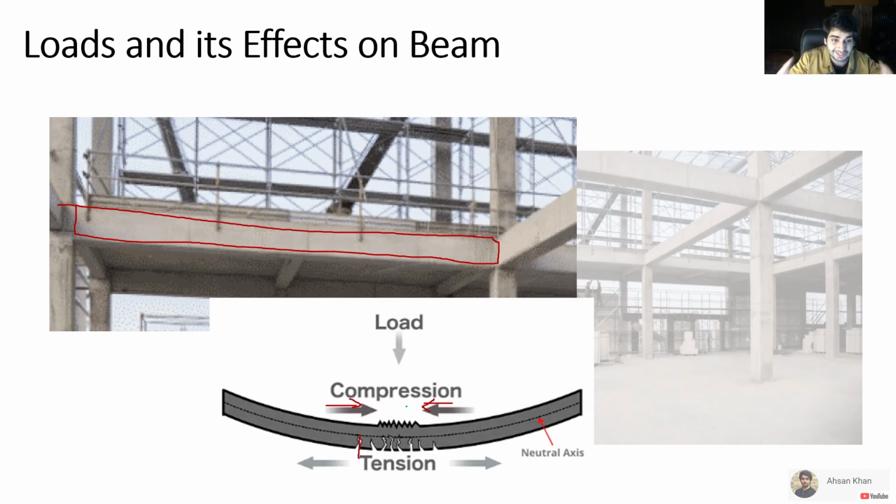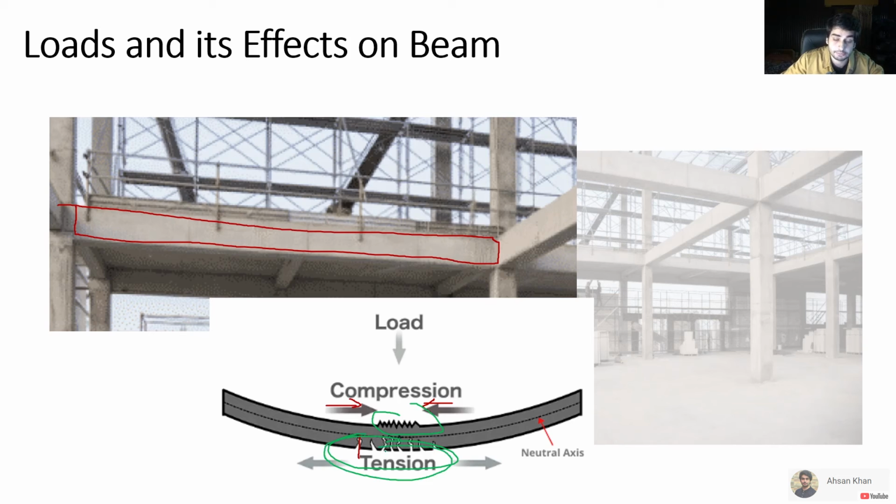Because there is tension and compression in this member, we need to provide members or materials or elements that can handle this compression and tension, right? If I provide only concrete, that's not going to help, because the upper part will be fine, but the lower part will fail. If I provide only steel at the bottom, then what would happen?